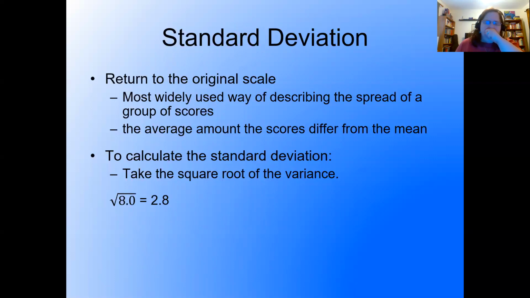We square everything when we're getting the variance, and then we sort of undo that squaring by taking the square root when we get the standard deviation. Okay. Hopefully you're feeling okay about this so far. Remember, we are going to do some practice with this in our class, so stay tuned for that.